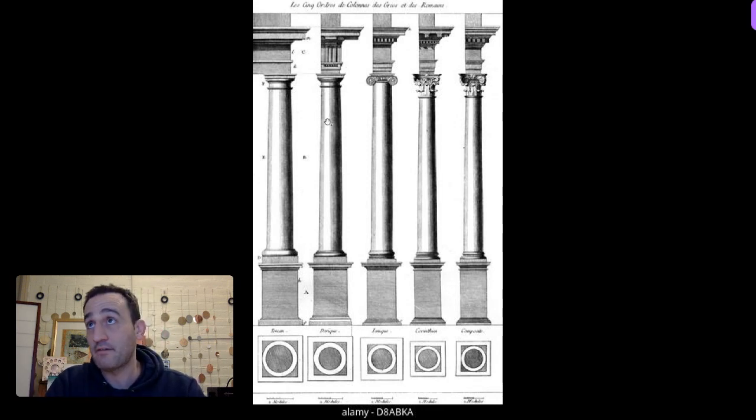So 5.5 tall to 1 wide. Columns rise directly from the stylobate, broad, round capitals, and fluted shafts. Sometimes fluted shafts, not always. That's the Doric order. The Ionic order is common in the Aegean Islands and Asia Minor.